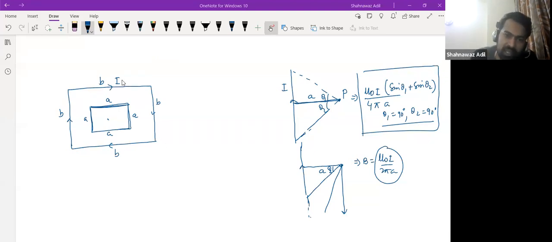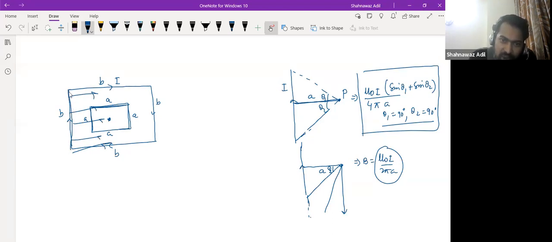So we have to find out, right? This current will generate some flux, and some magnetic field, and we have to calculate the magnetic field at this center. Magnetic field lines would be passing, and the amount of magnetic field at the center is what we have to calculate. Similarly, let's say this is a finite wire.